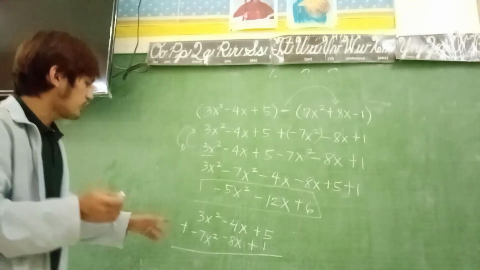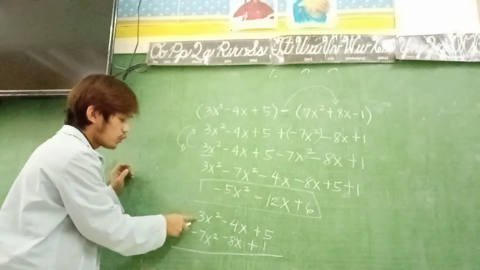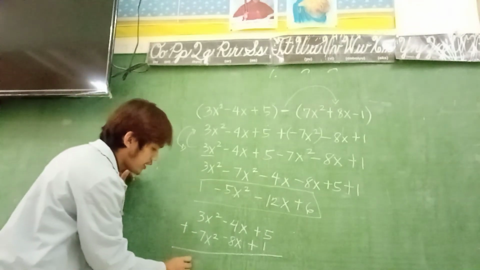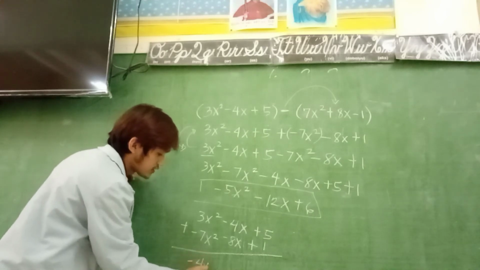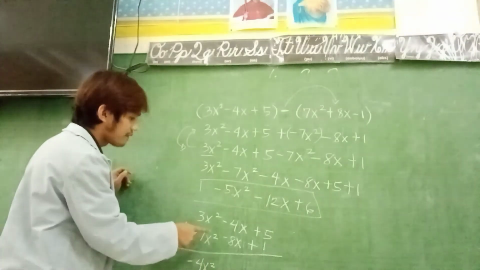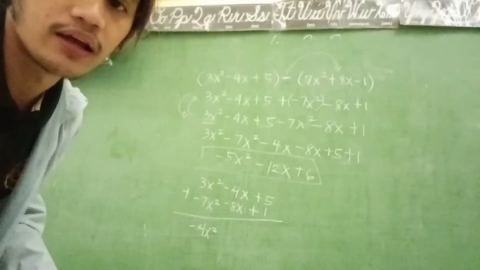Okay po? So, now, let us proceed with the operation. So, 3x squared plus negative 7x squared, that will become negative 4x squared. Next is we have negative 4x. Medyo ibababa ko, baka hindi makita. Yan.